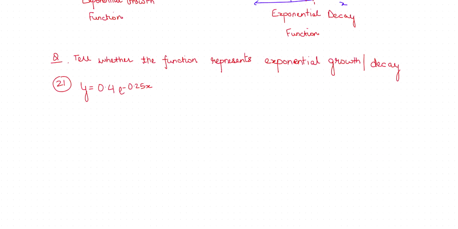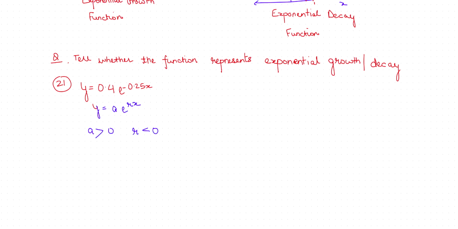So this is question 21. Tell whether the function represents exponential growth or decay. If we compare this function with y equals a e raised to the power rx, we see that a is greater than 0 and r is less than 0, which is negative 0.25.